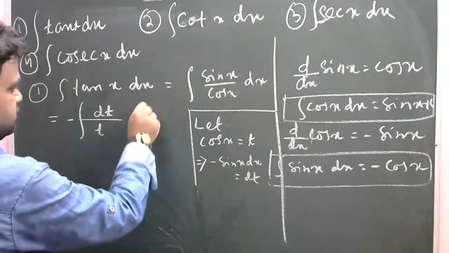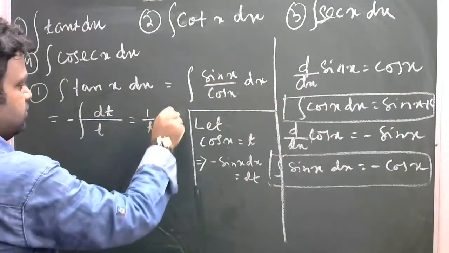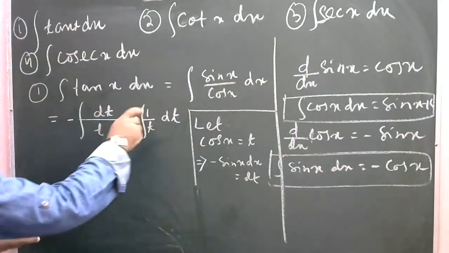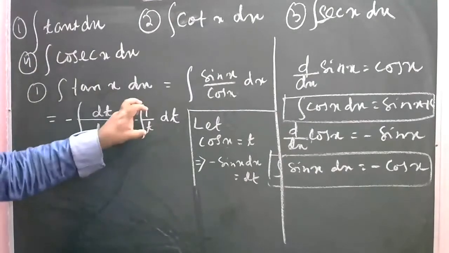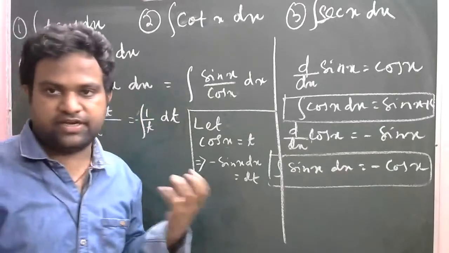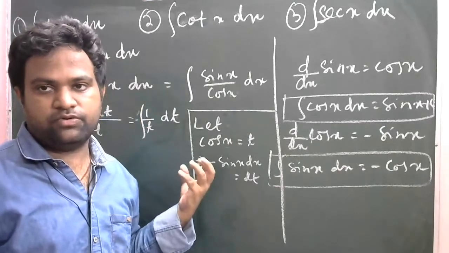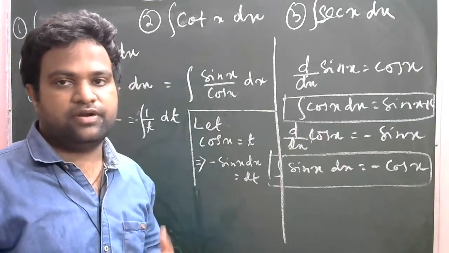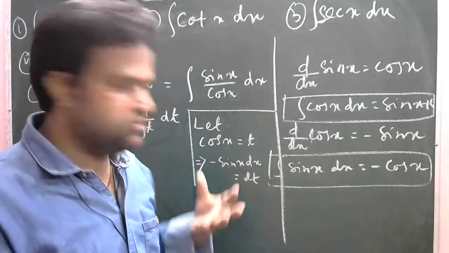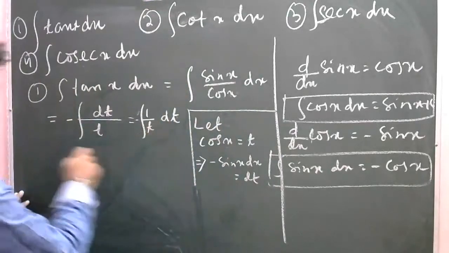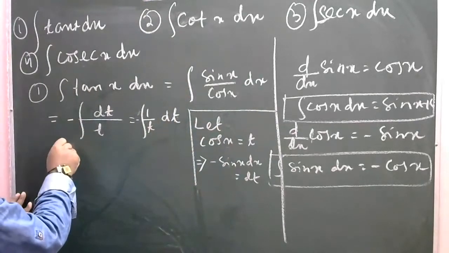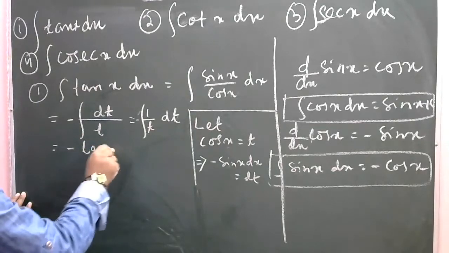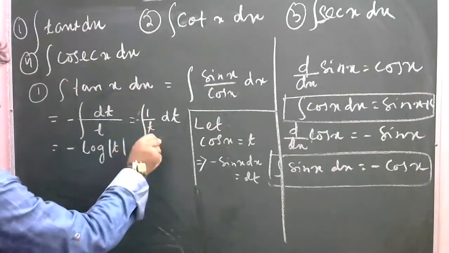So that means this is minus integration of 1 upon t dt. So 1 upon t dt is a standard integral. You know, integration of 1 upon t dt is log mod t. So you will get minus log mod t plus c.